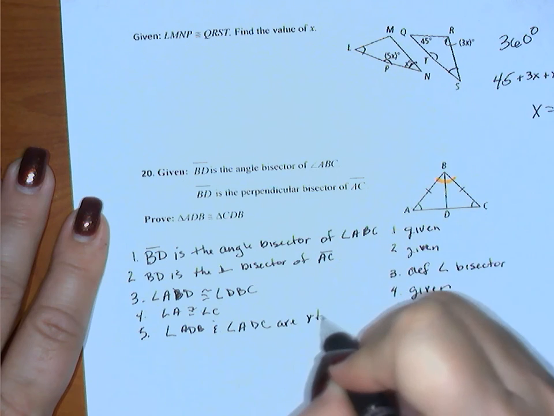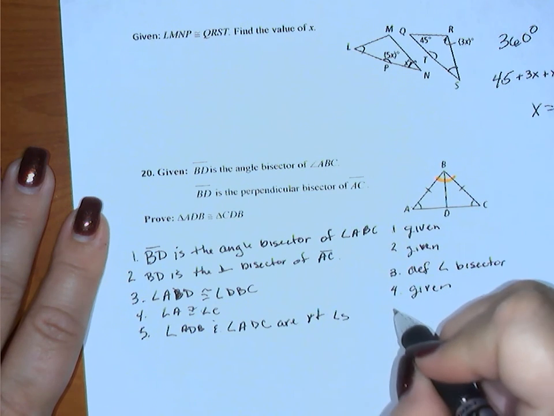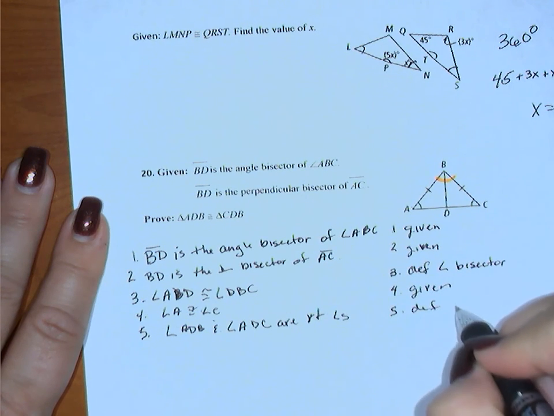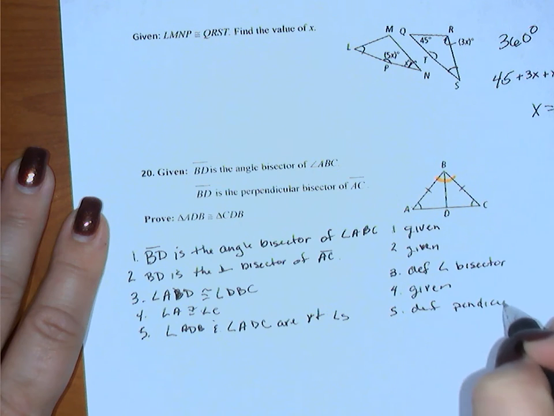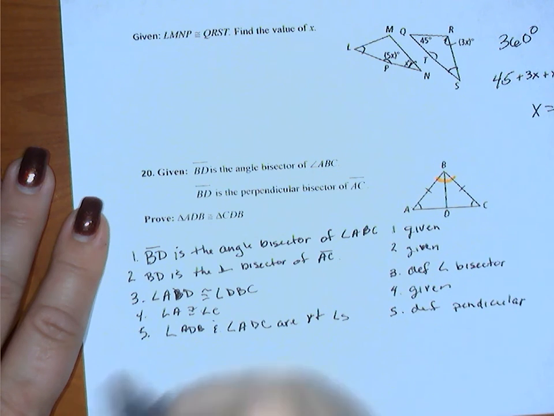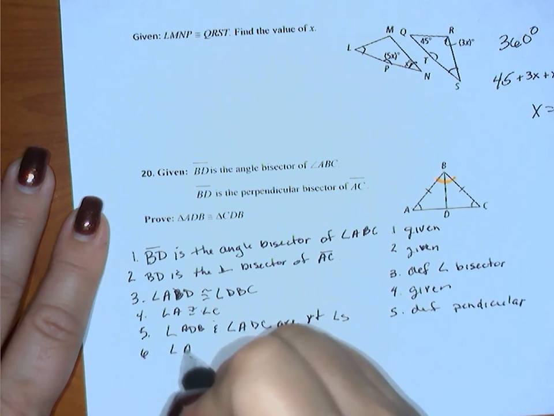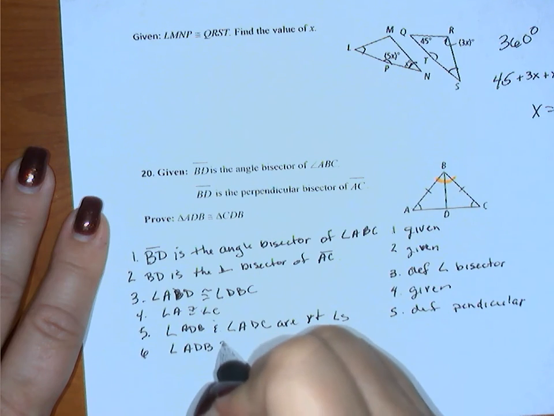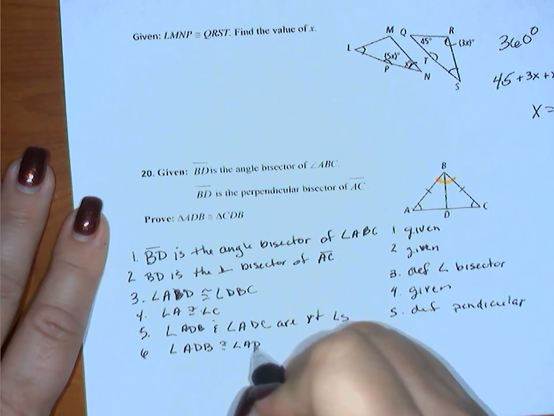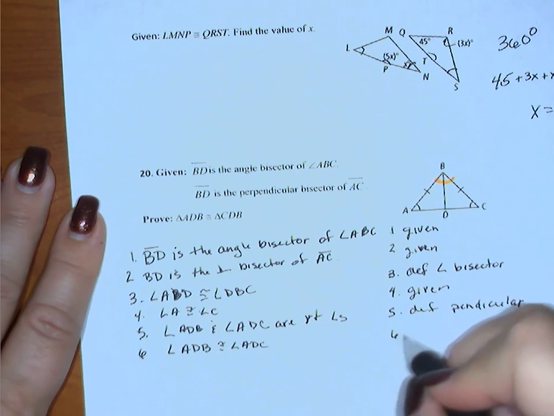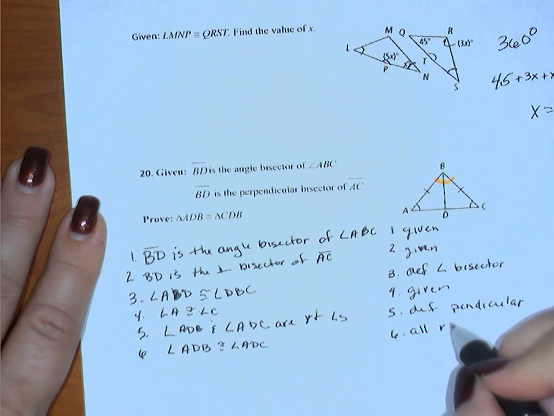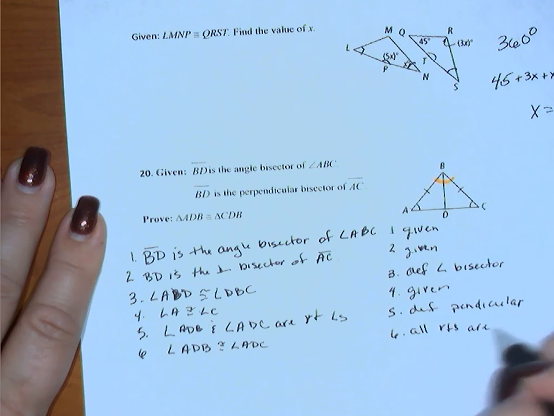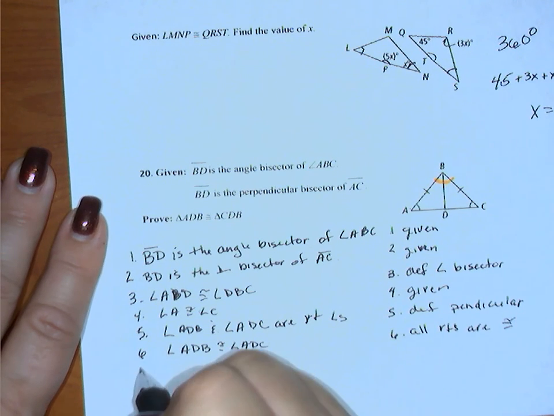They're right angles. That's the definition of perpendicular. Then I'm going to say that angle ADB is congruent to angle ADC because all right angles are congruent. That was one of our theorems.